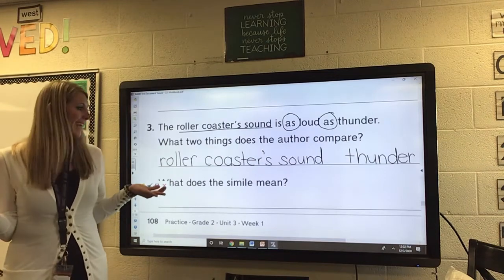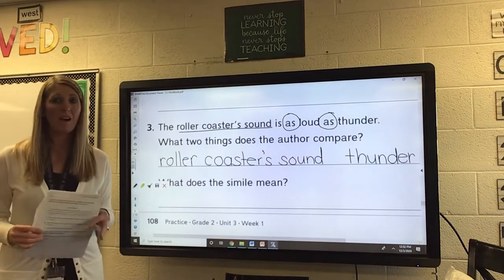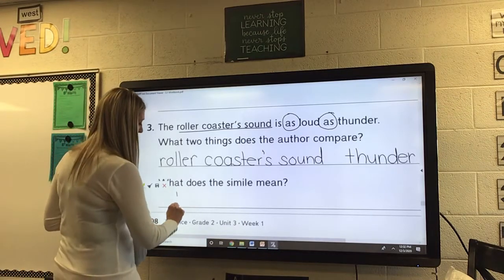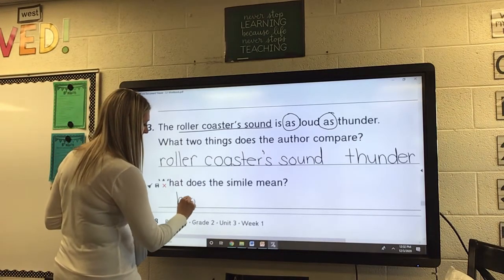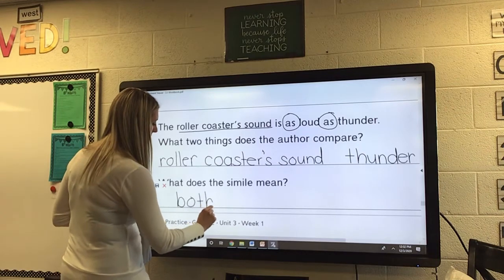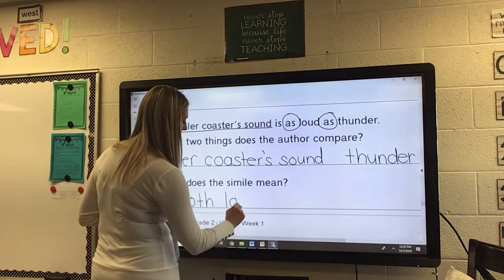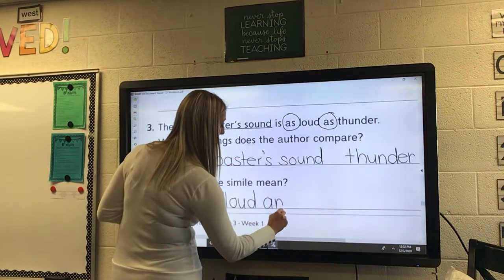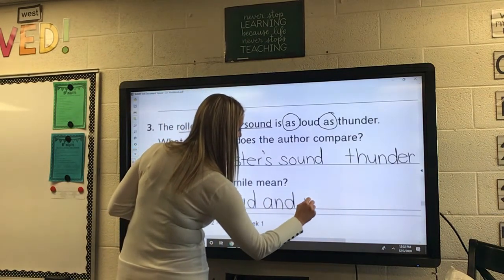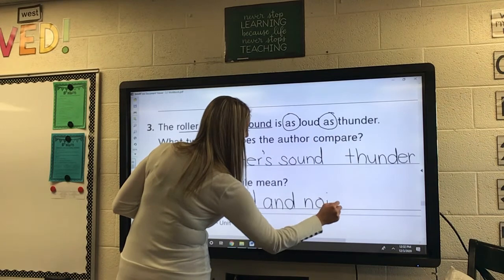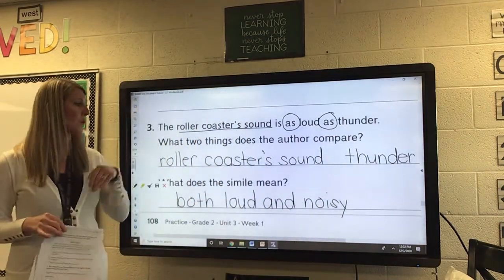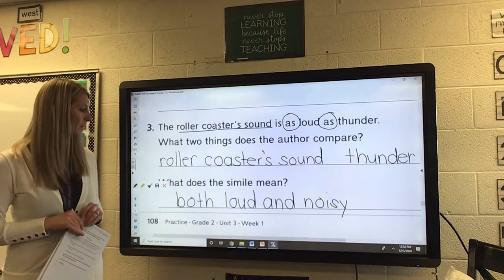Mrs. Murphy kind of just said it. They both are loud, or noisy would be another one. So we can say both loud. And if you wanted to write and noisy, that would be a great detail to add. But for sure, please put they're both loud, because we know thunder is loud. We know a roller coaster sound can also be loud.